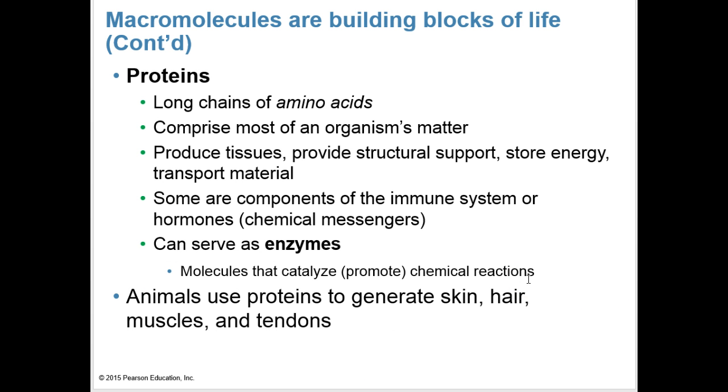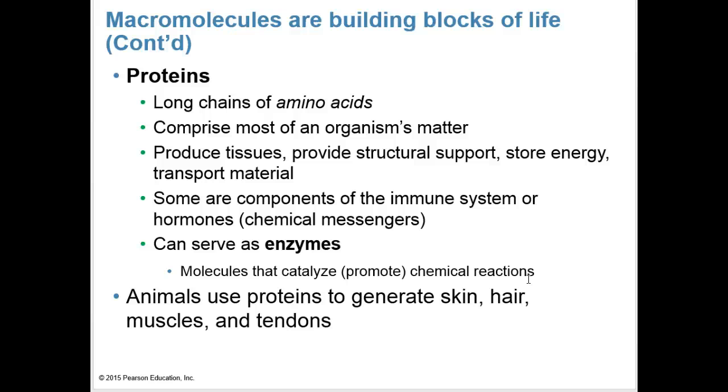So, starting with proteins, those are long chains of amino acids and comprise most of an organism's matter. They produce tissues, provide structural support, store energy, and transport materials within our body. Even some of our hormones are made out of proteins. Some are components of the immune system as well, like antibodies.